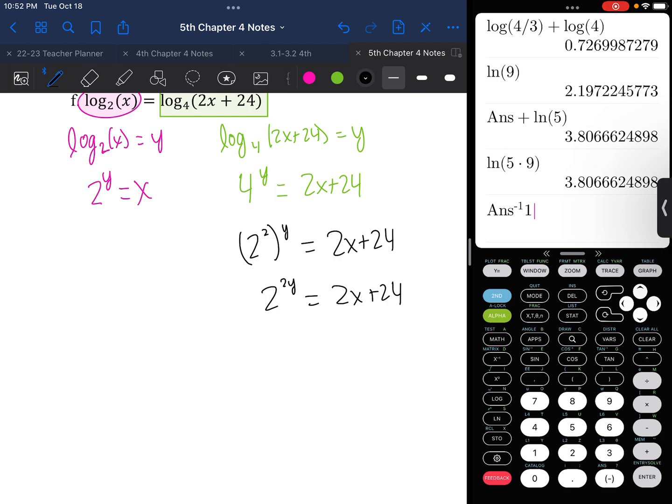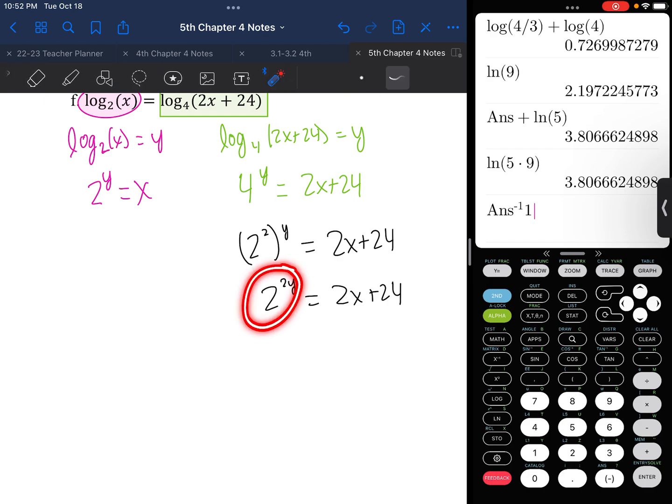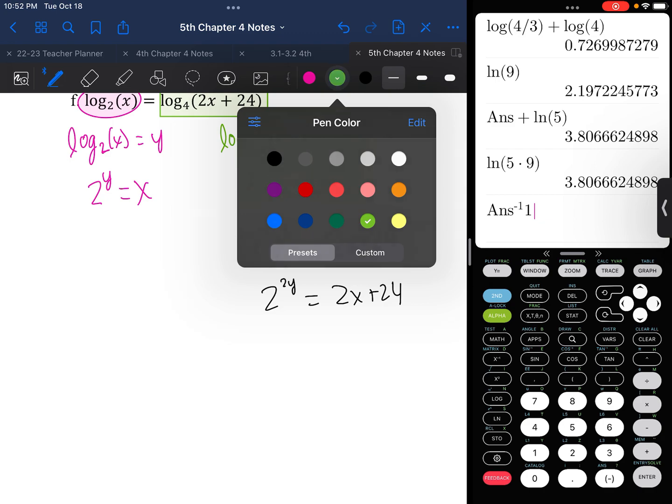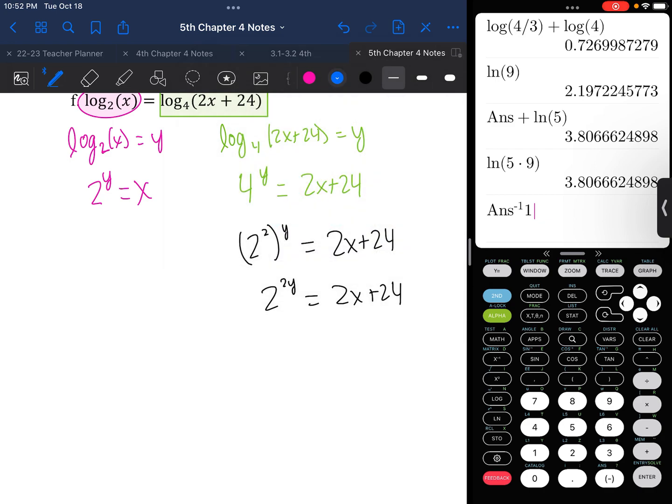But we can essentially use a u substitution here, because 2 to the y power was x. Which means if we square x, we would get 2 to the 2y.